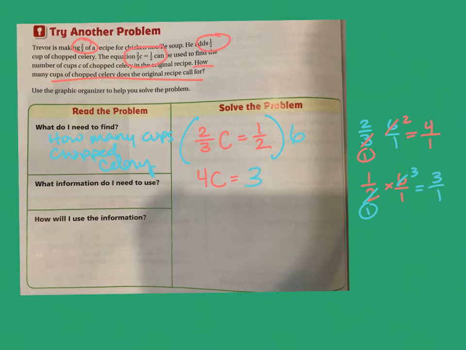Okay, now I have C, my variable, being multiplied by 4. The inverse operation of that is to divide by 4. Divide by 4 both sides of the equation. And here's something, right? We were given fractions and 3/4 of a cup makes sense.